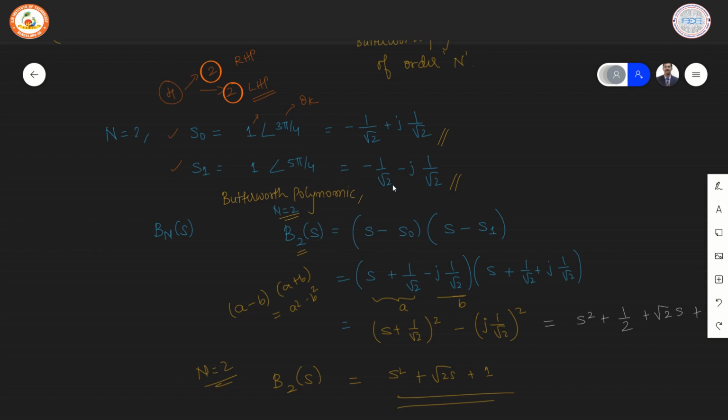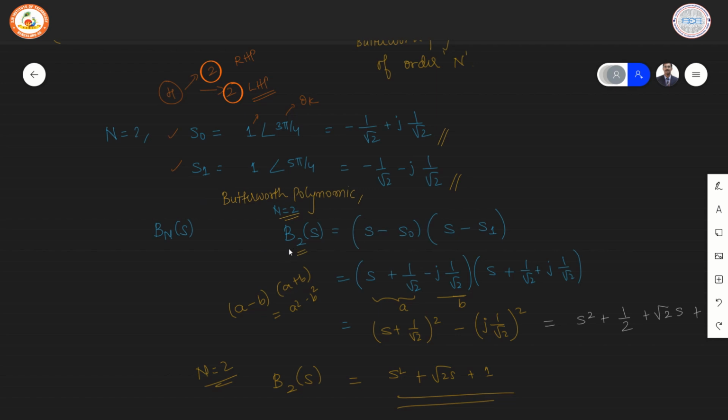Converting this into rectangular form yields the answer minus 1 by root 2 minus j 1 by root 2. In the same fashion we can proceed to compute the value of S2 and S3. S2 and S3 are not considered here because the right half poles are considered to be unstable. We have computed the values which lie on the left.